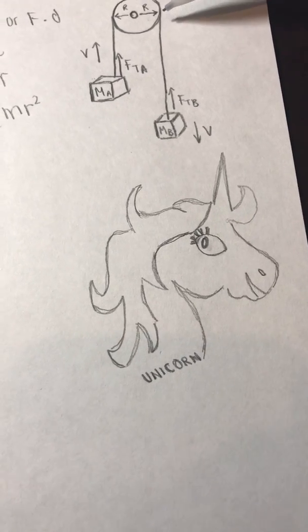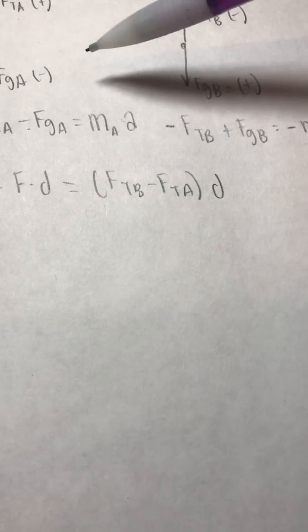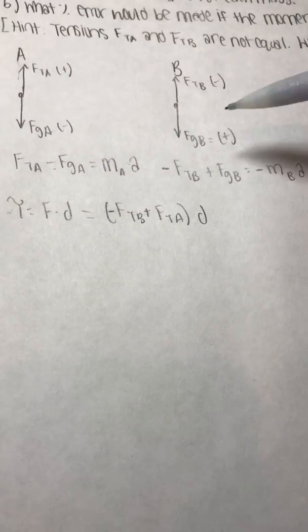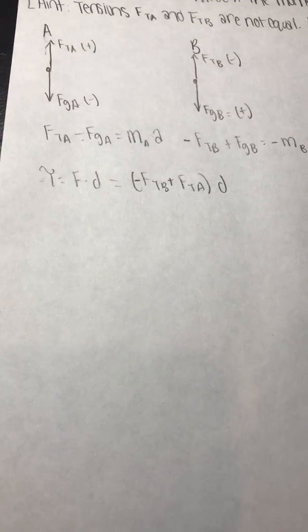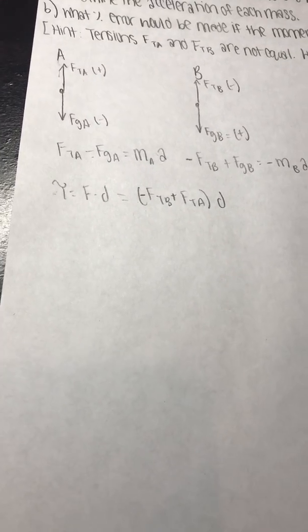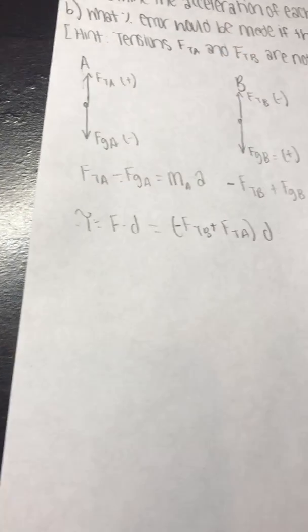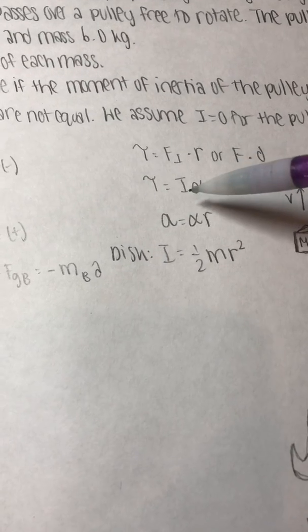Now remember how for this one we're making this, since we're making this positive, we're going to switch the signs. So then I know that I'm going to do it like that because these are the only two perpendicular forces that are going up. So those are the ones we're going to take into account. So once I have that, I know that torque is also the same thing as moment of inertia times angular acceleration.